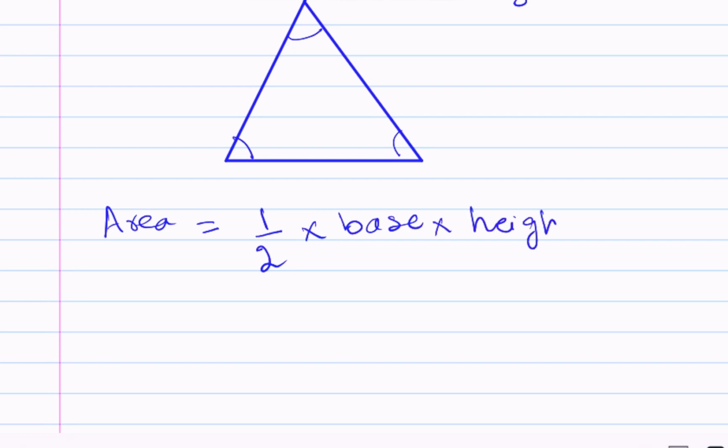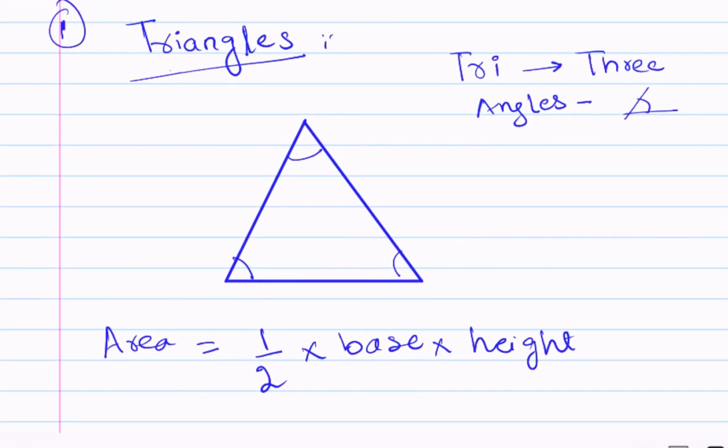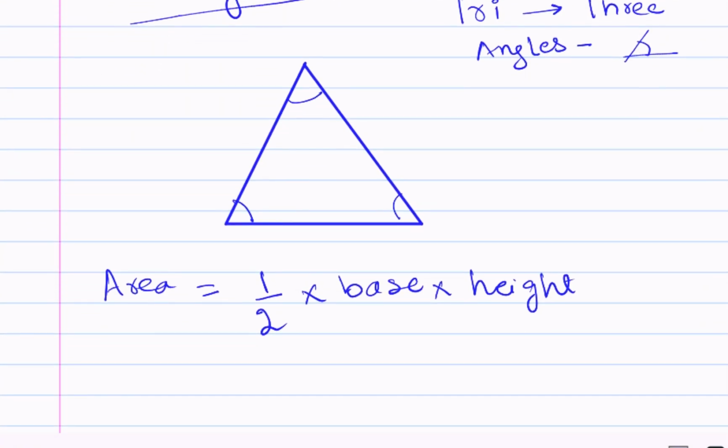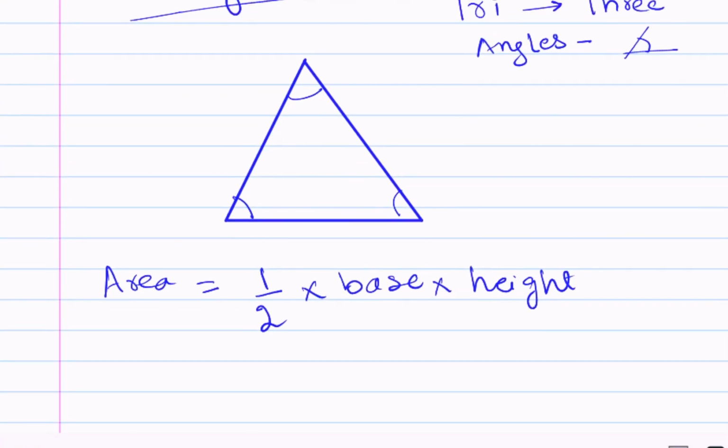Now let me explain this equation. In the GED exam you will have questions to find the area of the triangle and to find the different parameters. So it is very important to remember the formula.